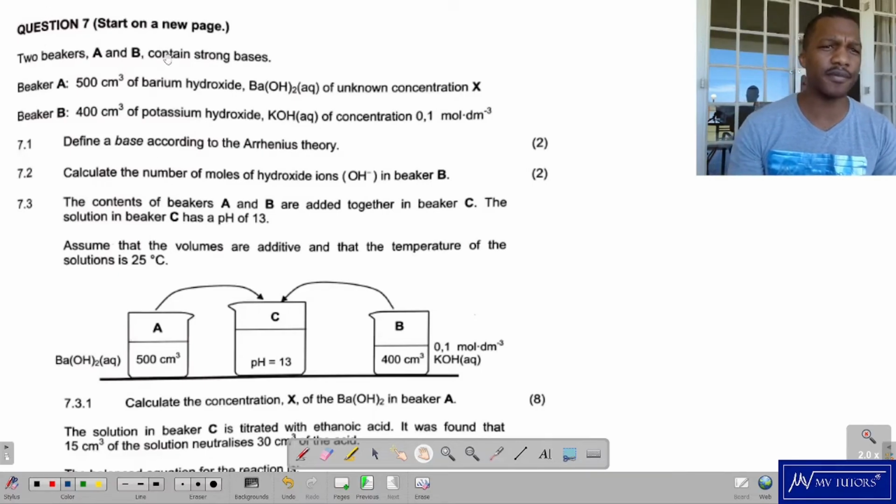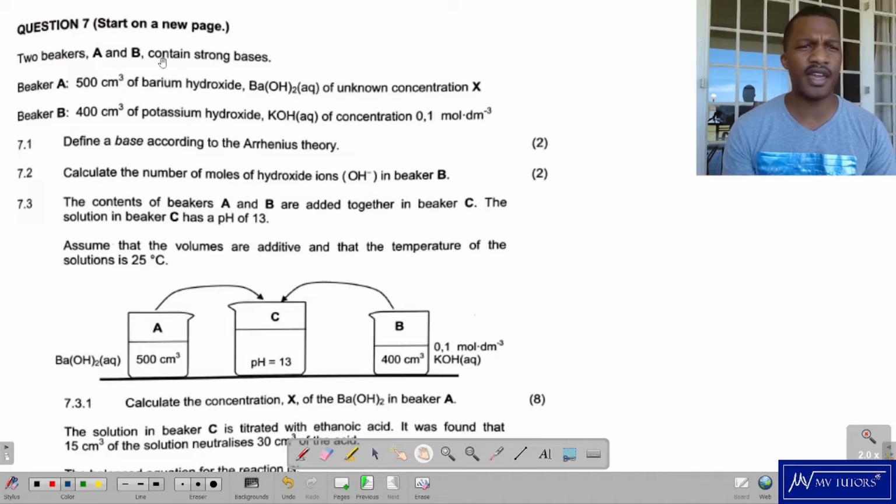Question number 7. It says 2 beakers, A and B, containing strong bases. So that's A, that's B. Beaker A, 500 centimeter cubed of barium hydroxide of unknown concentration X. We don't know the concentration; probably they'll want us to solve for it.